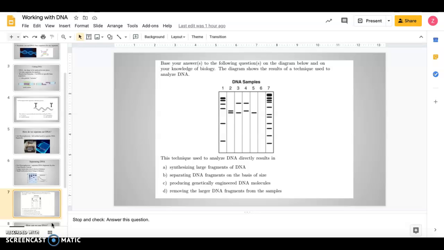The technique used to analyze DNA directly results in A. Synthesizing large fragments of DNA, B. Separating DNA fragments on the basis of size, C. Producing genetically engineered DNA molecules, or D. Removing the larger DNA fragments from the samples? The correct answer is B. Gel electrophoresis is used to separate DNA fragments on the basis of size.